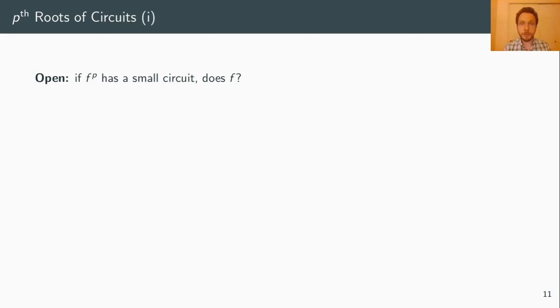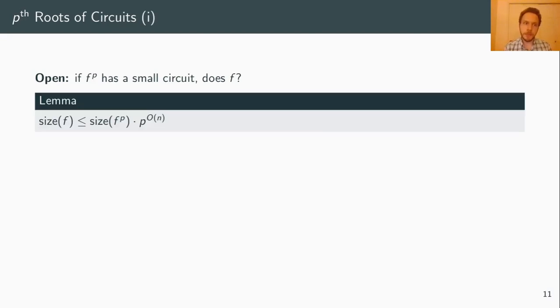So what we're going to prove is the following lemma. We'll show that you can take a pth root of an algebraic circuit and incur a blowup in size which is something like p to the n. Now, this is still pretty bad. We're incurring this exponential blowup in the size of our circuit to take a pth root. But we have the following easy corollary.